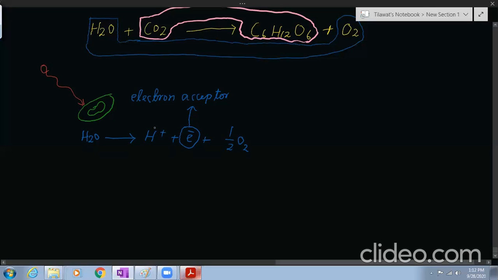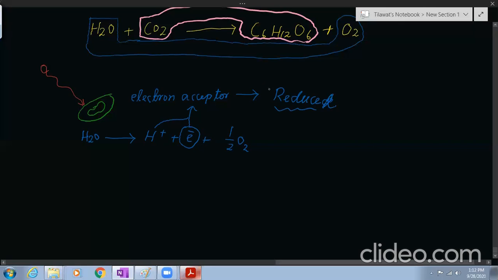This electron, plus this hydrogen ion, is accepted by the electron acceptor, which was iron at that time, and that iron is reduced when it accepts the electron from water.